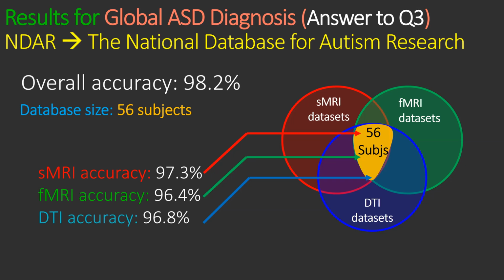Someone can say, okay, do you see a difference between 98 and 97 and 96? No. But we didn't do this to get a little bit of improvement in the accuracy. No, we did it to get a final understanding of the case of each patient, because when we get a comprehensive report about anatomy, about functionality, about connectivity, this will help the doctor to decide the best treatment for the patient.